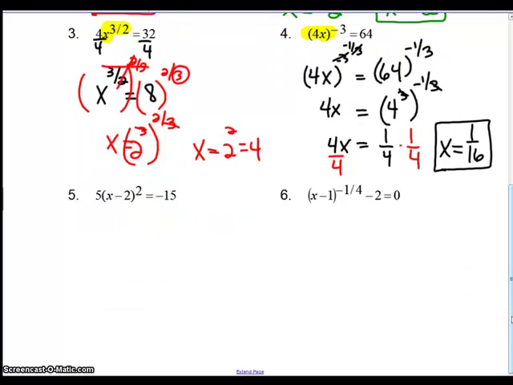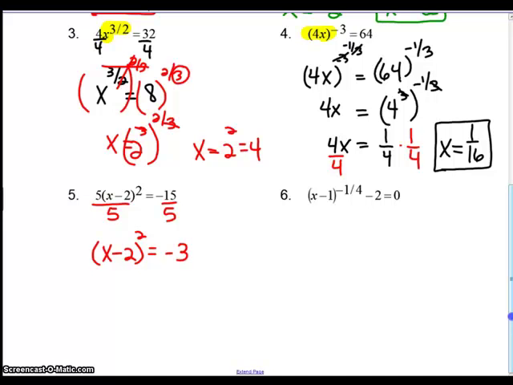Okay, number 5, we have 5 times the quantity x minus 2 squared equals negative 15. Again, really pay close attention to where the exponent is. The exponent is not on the 5. So before we do the reciprocal exponent, we need to divide by 5 to isolate that quantity. So x minus 2 squared is going to equal negative 3.